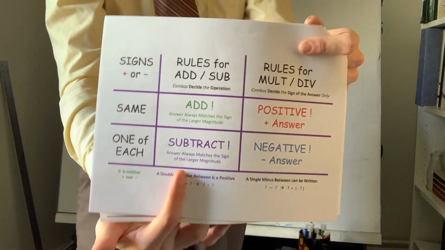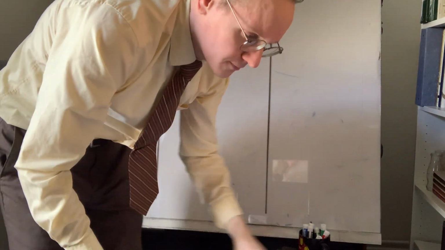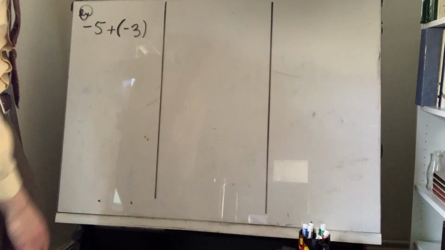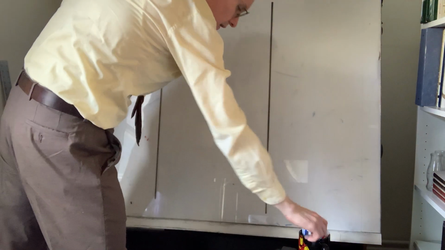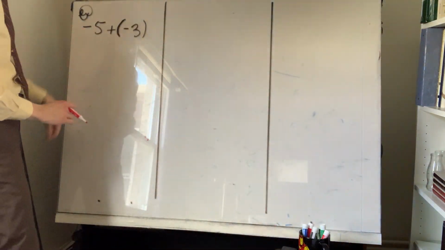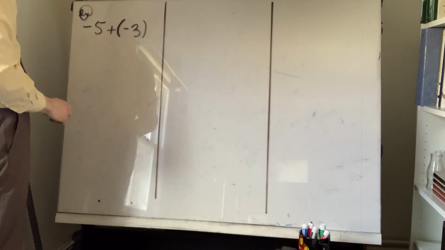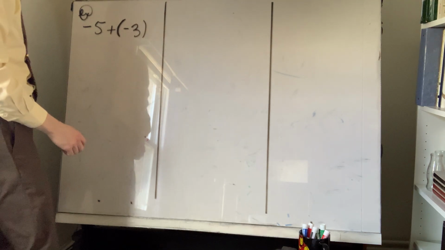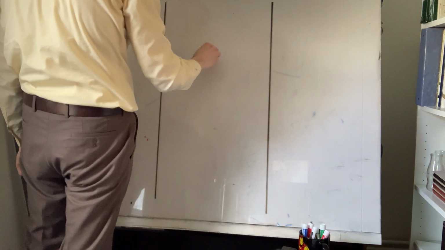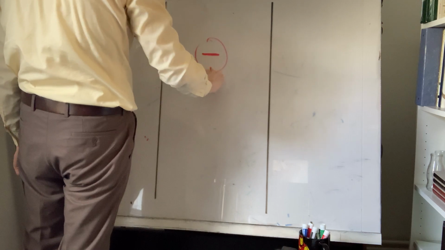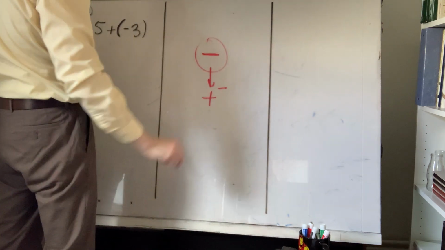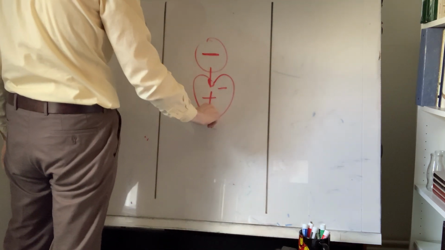I'm going to use these rules, and I'm going to show you something else that also works to get to a problem like this without a calculator, all right? This is an example of basically that situation from before, when you had a single minus written like that, right? The heart shape, remember?